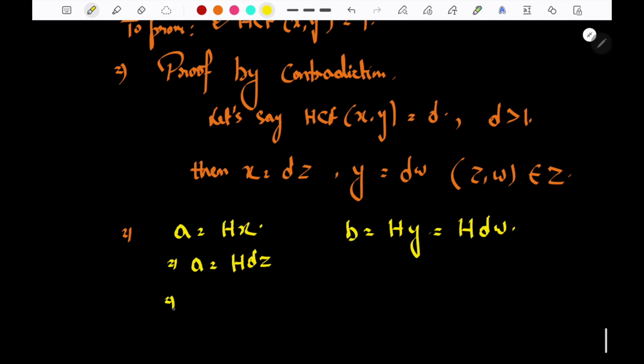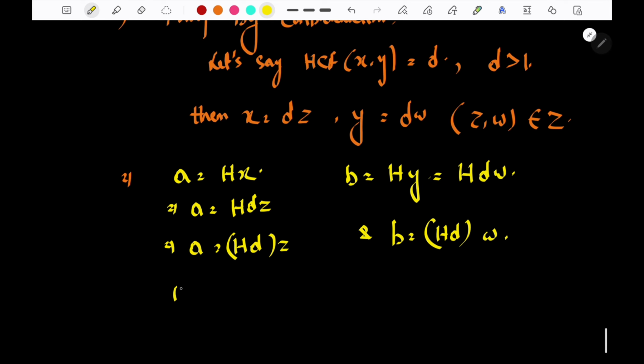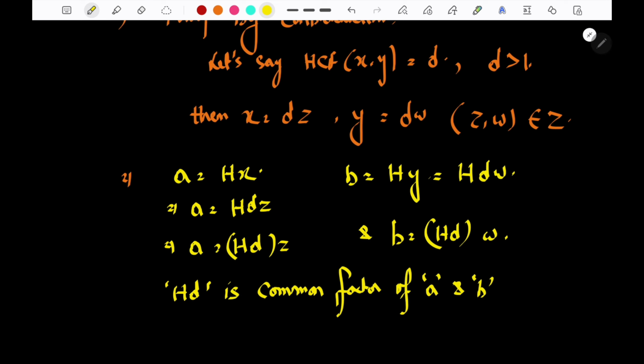So here in this case a is equal to hd into z and b is equal to hd into w. Now it means h into d is a common factor for both a and b, as we can see, but we assumed something else.